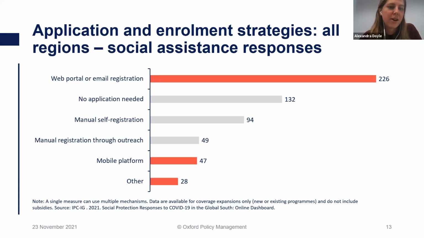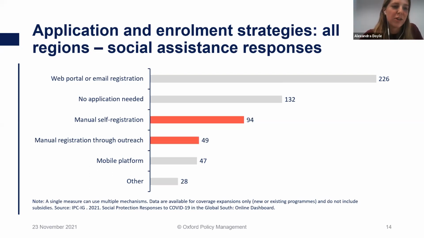In Latin America and the Caribbean, automatic registration was also quite common. But that said, we also saw quite a lot of use of more traditional approaches, and this is highlighted on the next slide. So here you see a lot of manual self-registration and manual registration through outreach.